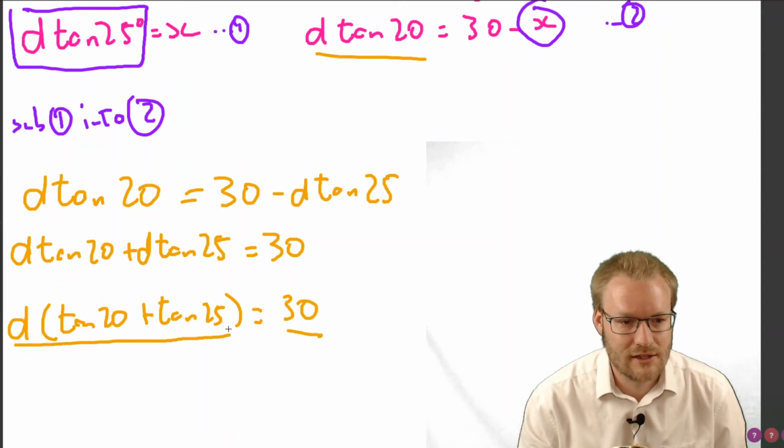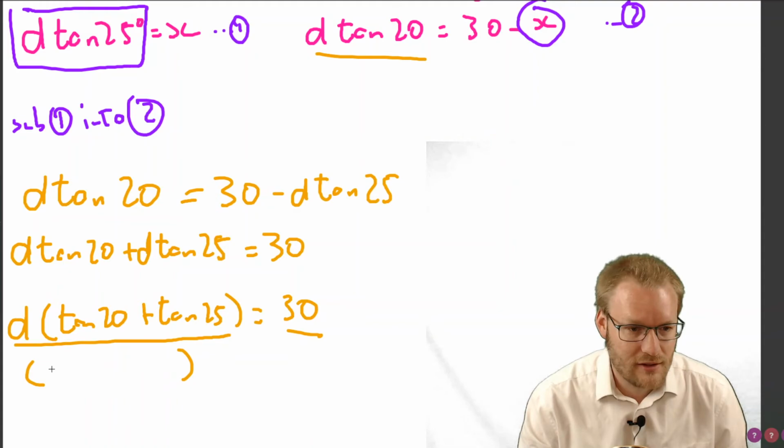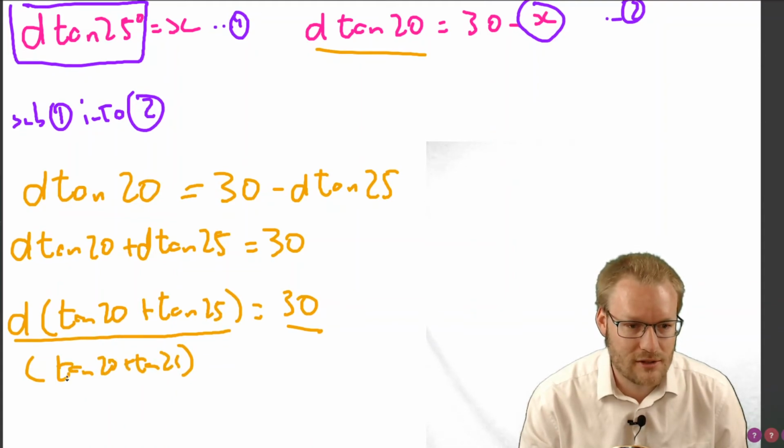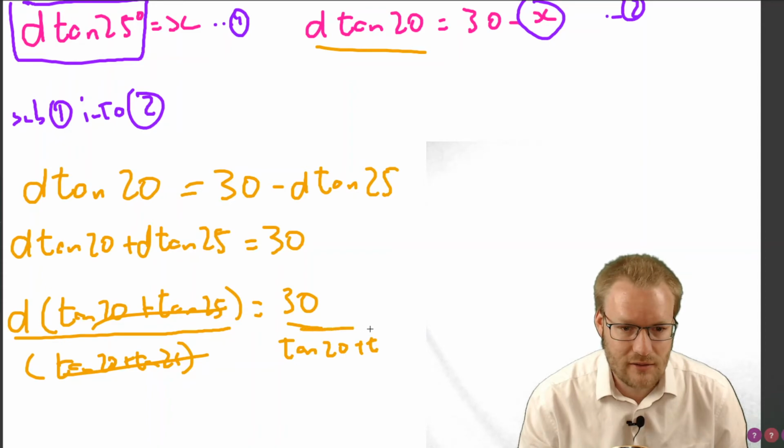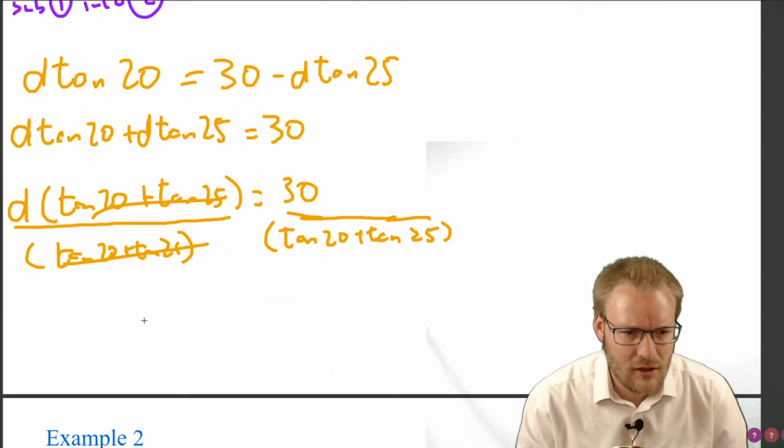Divide both sides by that whole thing. tan 20 plus tan 25. I'm going to scribble it because it's quite clear what we're doing. Doesn't need to be in brackets, but I'm going to put it in brackets because then it's useful.